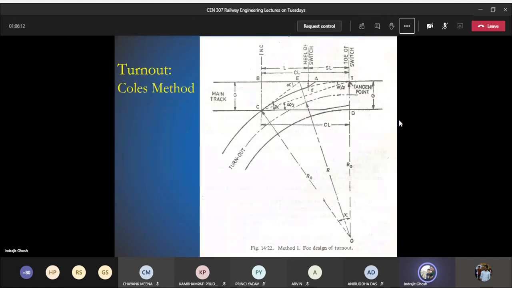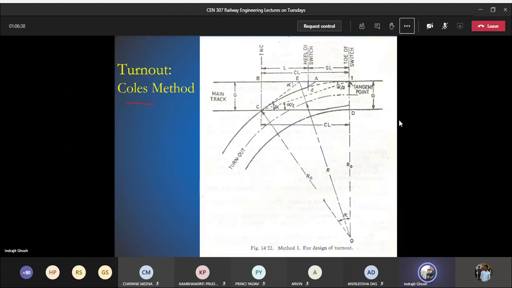So Coles method, as I said, is one of the primitive methods. Nowadays it is only used in sidings. I have shown you earlier what siding or yards mean. So it is used in sidings, light section rails, the rails which are lighter, or in case of unimportant lines.